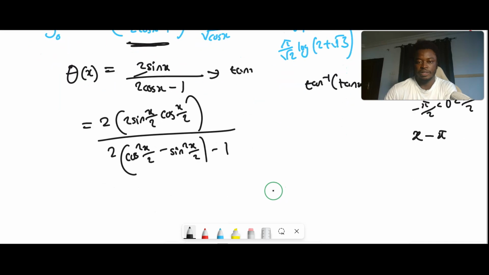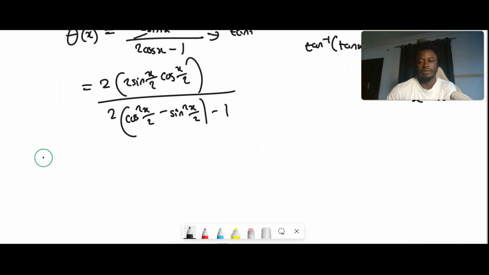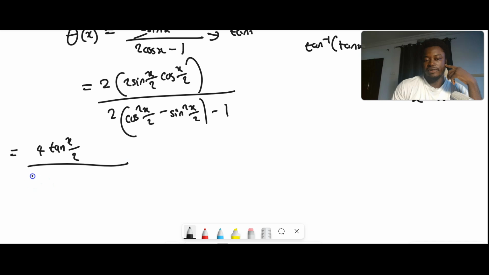If you proceed in this fashion, let's divide both top and bottom by cosine squared of x over 2. So you have 4 times tan of x over 2, and then at the bottom you have a 2 minus 2 tan squared of x over 2 minus secant squared of x over 2.